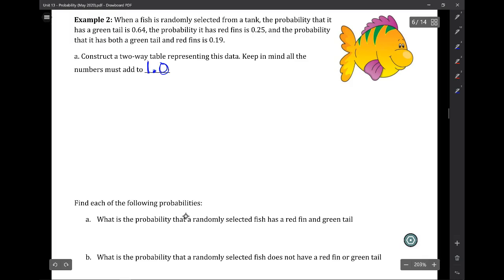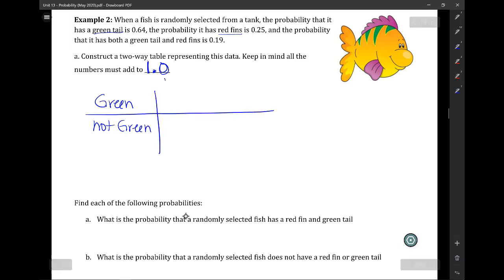All right, so if we are constructing our two-way table, remember we need opposing categories. And when I read this, I'm reading green tail versus red fins. So I need green tail, so I'm going to call this green, and maybe not green. Those are opposing categories to each other.